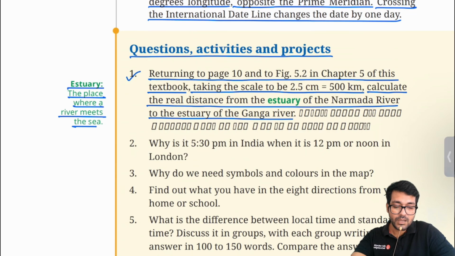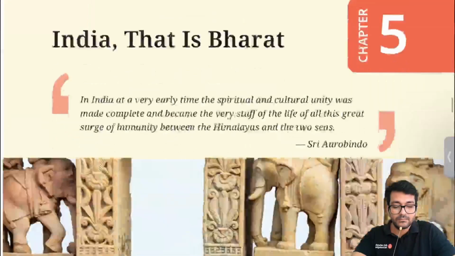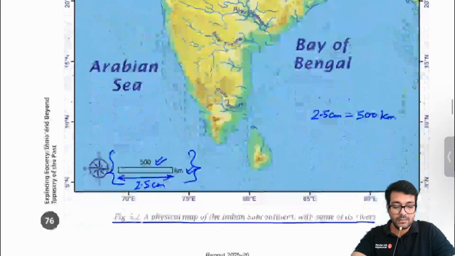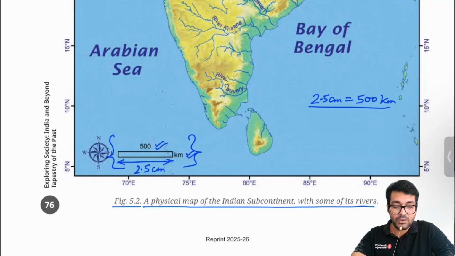Let's move to chapter 5 and see figure 5.2. You know the scale is 2.5 cm is equal to 500 kilometers, or 1 centimeter is equal to 500 upon 2.5 kilometers, or 1 centimeter is equal to 200 kilometers.